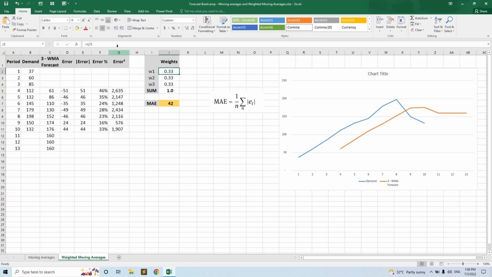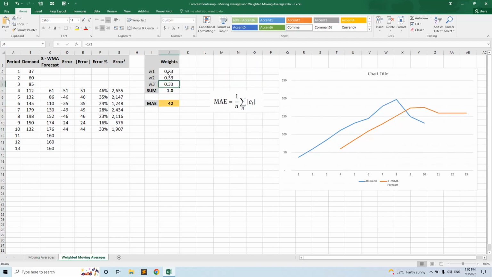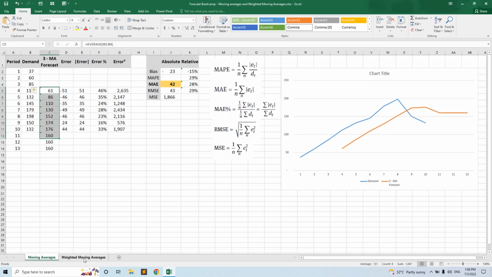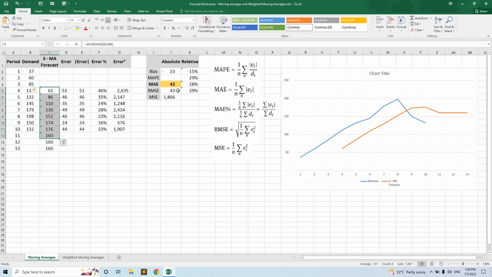If we start with 1/3 of the weight on each period, we actually have the moving average. You see, because we apply the same weight for each period, which is the simple moving average. The sum of the weights must be 1, and in this case you see the mean absolute error is equal with this.